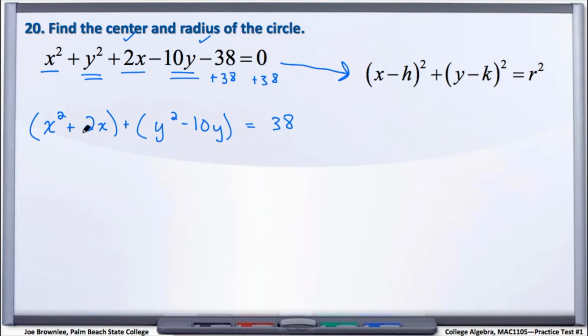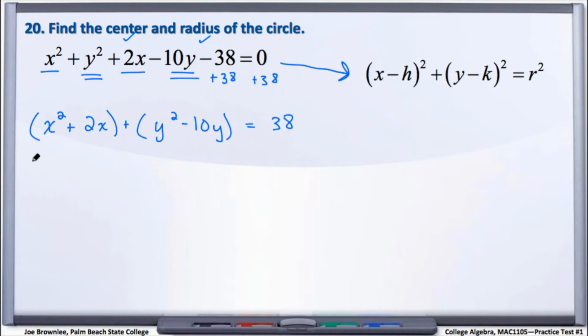And now that we've grouped the x's together and the y's together, let's go ahead and complete the square for the x's and complete the square for the y's, not forgetting that whatever we add to the left-hand side by completing the square for the x's and y's, we have to also add to the right-hand side.